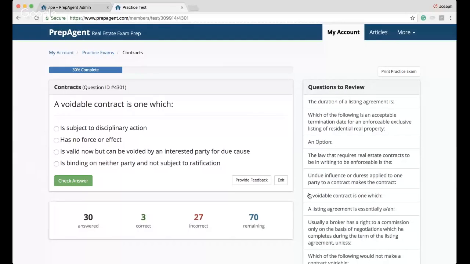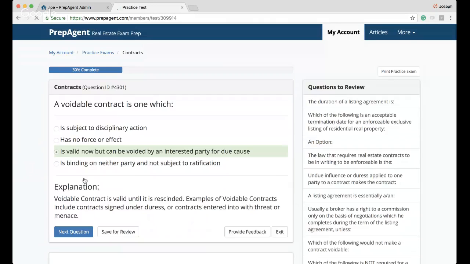What do you guys think? Good. It is valid now but can be voided by an interested party for any due cause.